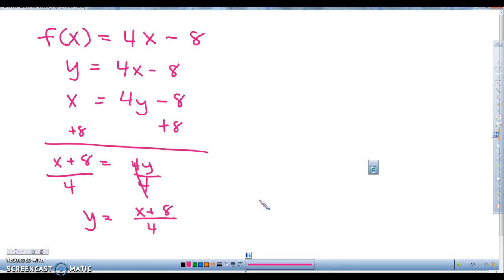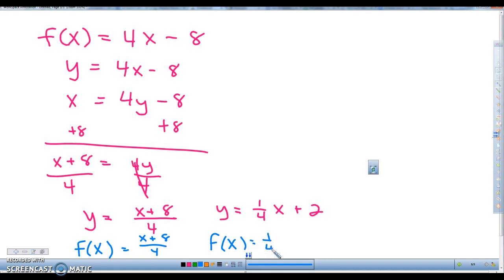Or if you wrote it 1/4 x plus 2, that's the same idea. And then like we said, we're going to write it back in f of x format. So f of x equals x plus 8 over 4, or f of x equals 1/4 x plus 2.